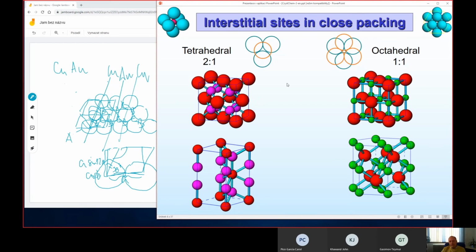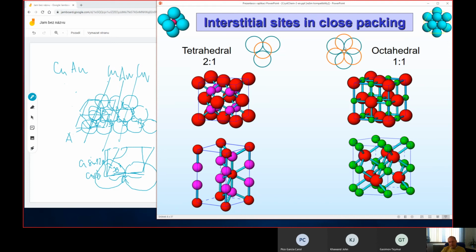And in cubic close packing, we have also octahedral sites. These can be seen here. So if you consider the first layer in green color, and then the second layer is drawn in orange here, we would have a tetrahedral site, but next to it there is an octahedral one.